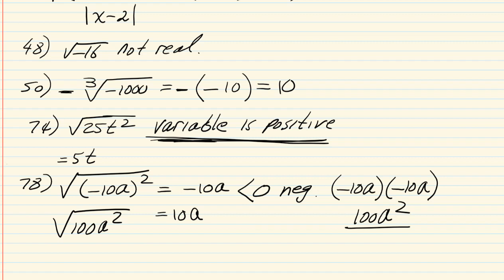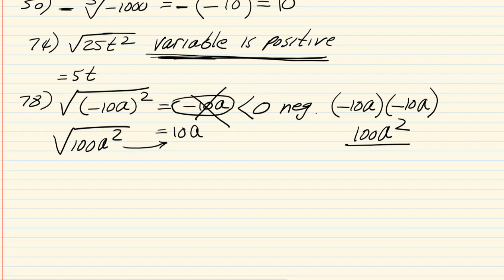Notice you have to be careful because we were told a is positive, so negative 10a isn't allowed. That was number 78, and I think that's probably good enough for our work.